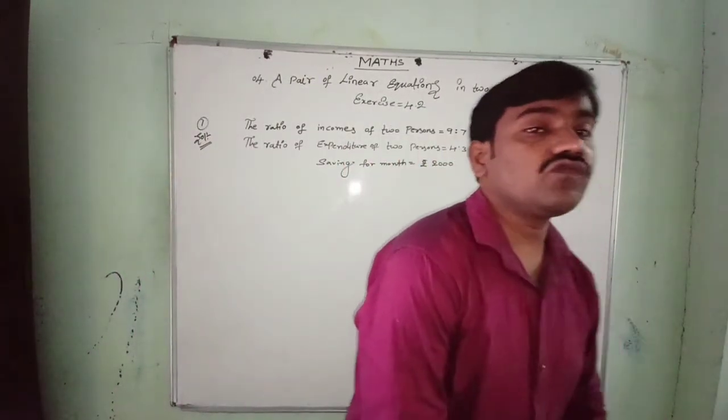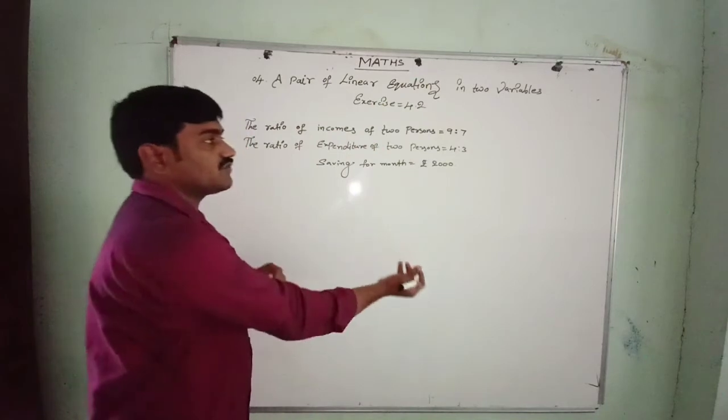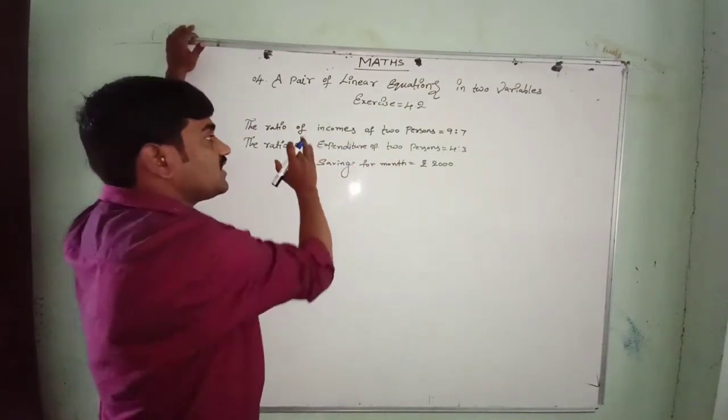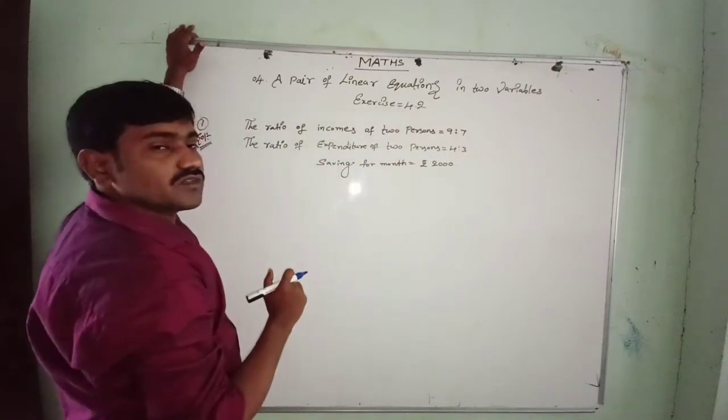So what we need to find out is their monthly incomes. We don't know the exact incomes, but the incomes are in the ratio 9:7.